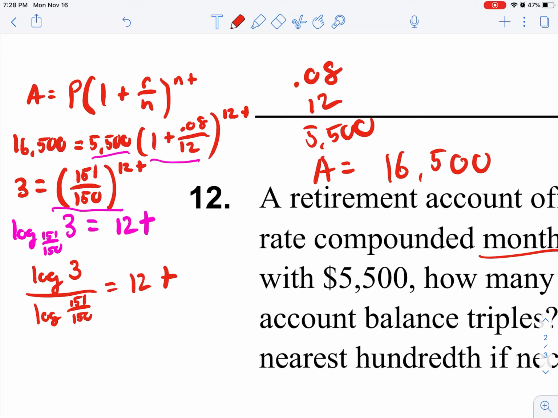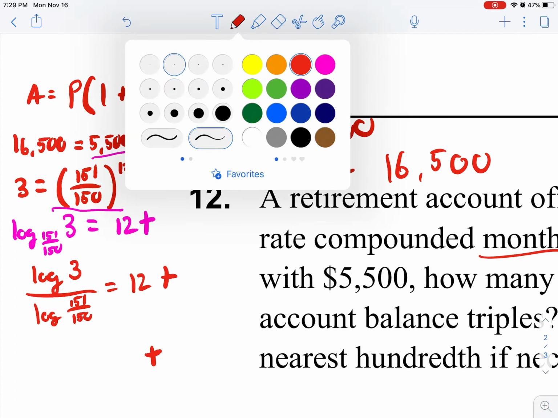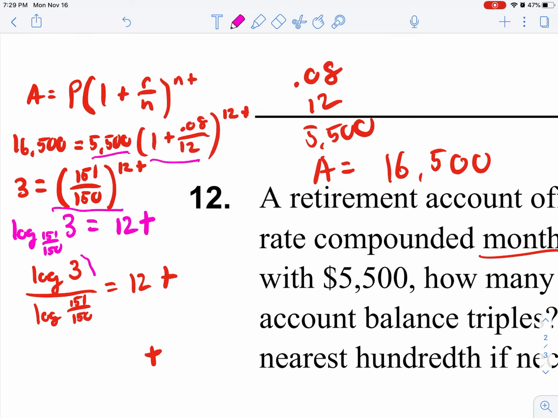So then we're going to divide both sides by 12, and we'll have our answer, right? So when I enter this into the calculator, I can't show it to you from this video, but I'm going to enter all of this first, and when I have that answer, I'm going to then divide that answer by 12.